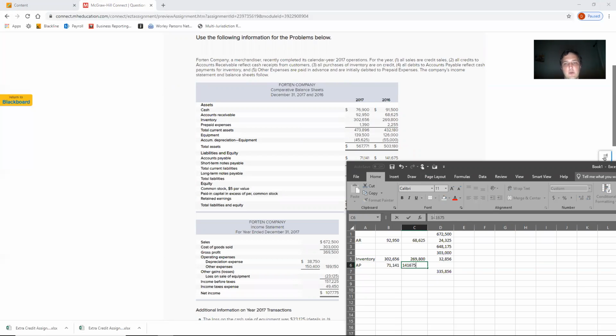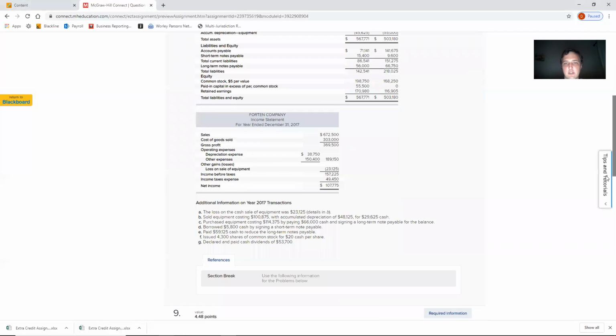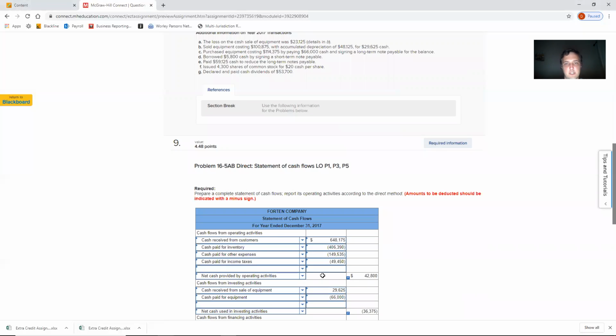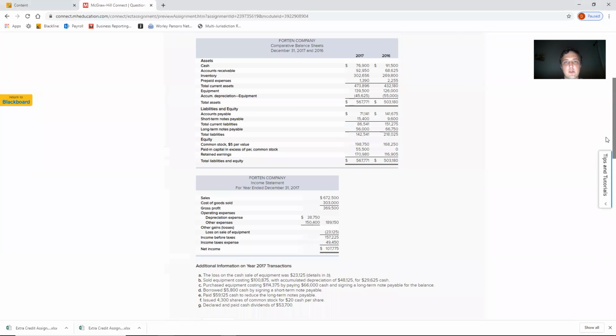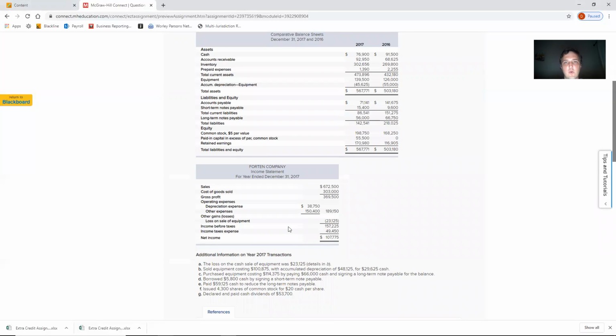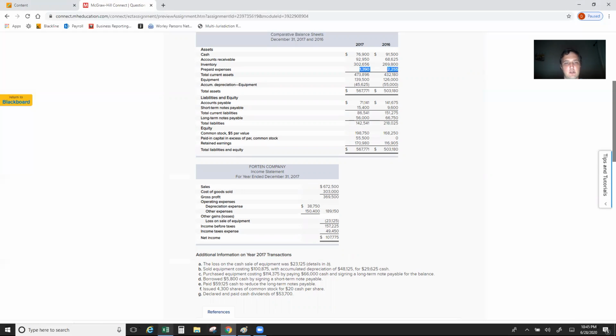Like I said, as you're going through this, you have to make sure you go through each of these accounts, and that's going to increase to 406,390. Then other expenses, 150, and then you're changing the prepaid right here.